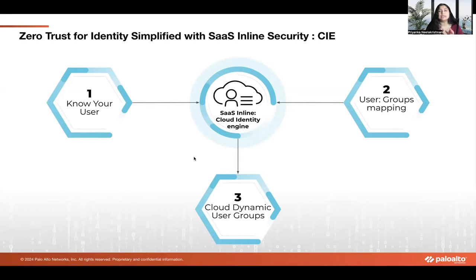A cloud dynamic user group is a construct on the CIE side, which is like custom groups that an organization can create. It can be done in two ways. Either the admin can choose to create it manually. That is, they can pick and choose specific users and add them to a custom dynamic user group 1, dynamic user group 2, dynamic user group 3, based on various criteria that are customized to the requirements of the specific organization.